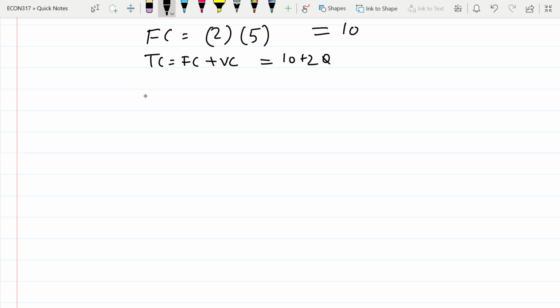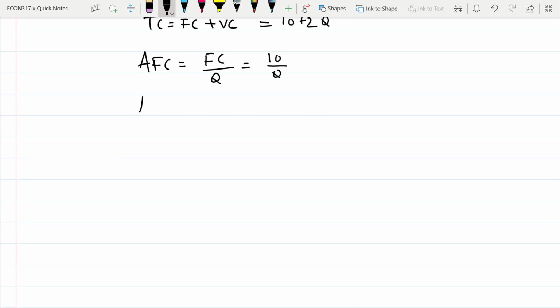Now I could also compute the average fixed cost, which is the fixed cost divided by the output Q, 10 over Q. The average variable cost is the variable cost divided by Q, and variable cost was given as 2Q.